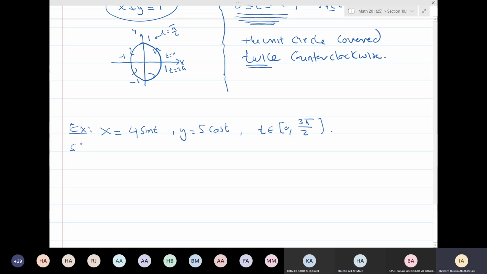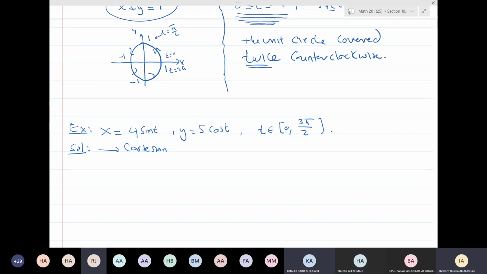Solution. How to describe the curve and sketch it? Again, we change to Cartesian. How to change to a Cartesian equation? Eliminate the parameter. How to eliminate the parameter?